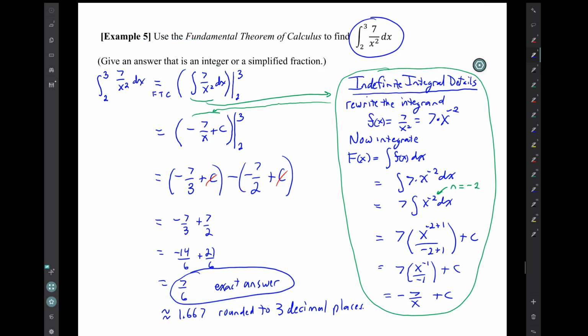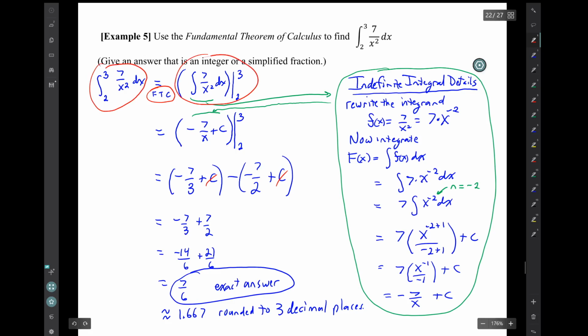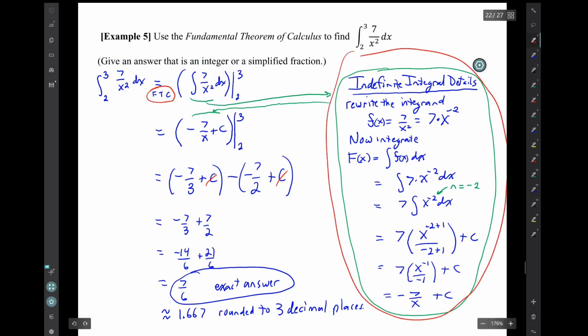Notice the details of this calculation. Again, we use the fundamental theorem of calculus to enable us to compute this definite integral by doing this calculation involving the indefinite integral. I did the indefinite integral details in this box off to the side.